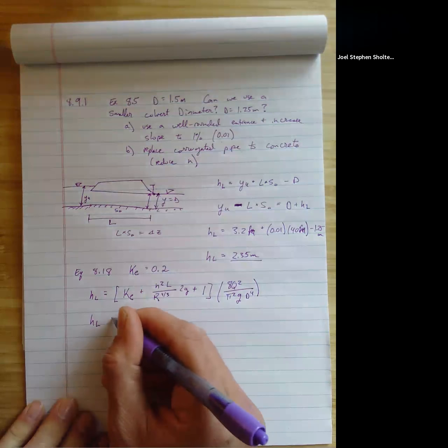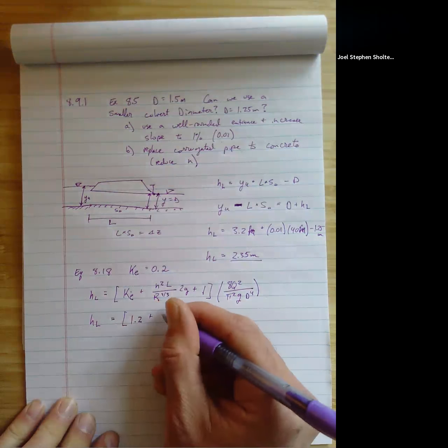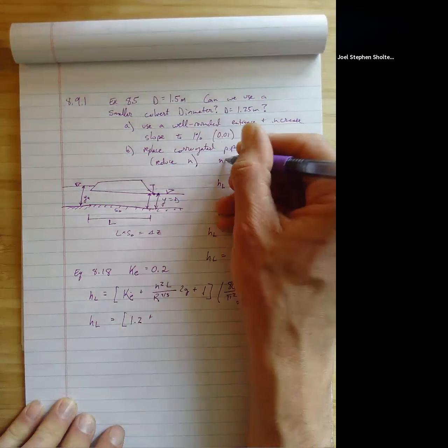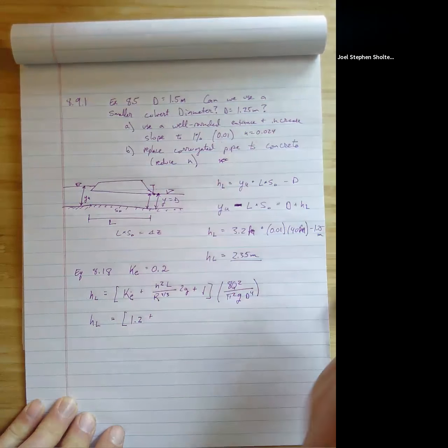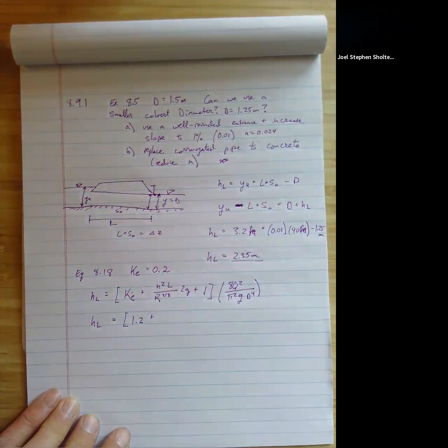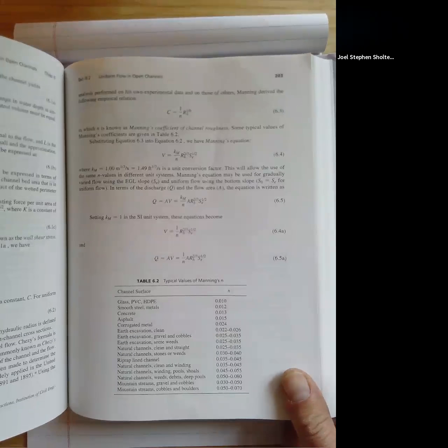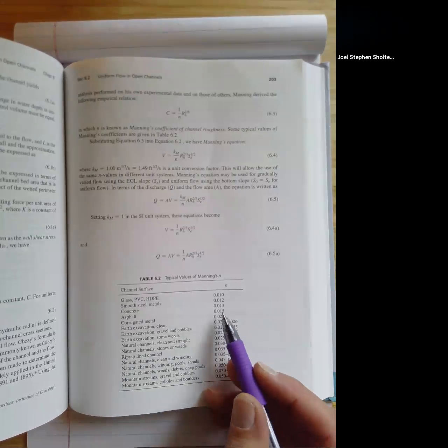So we'll plug in our numbers. We'll add 1, we'll add 0.2 together, so that's 1.2, plus Manning's roughness, so that is equal to 0.024 for corrugated metal pipes, and that is from Table 6.2: corrugated metal pipe, 0.024, concrete pipe, 0.013.